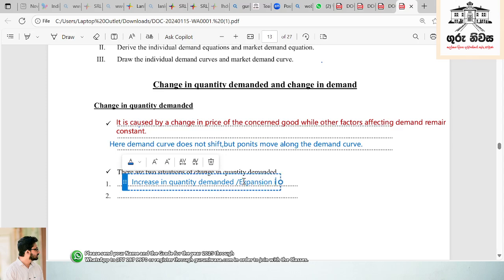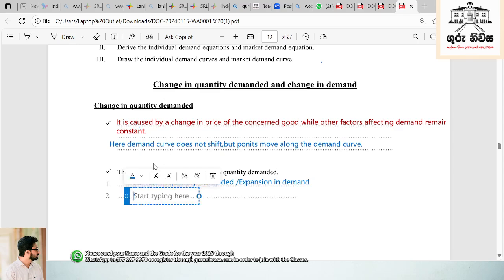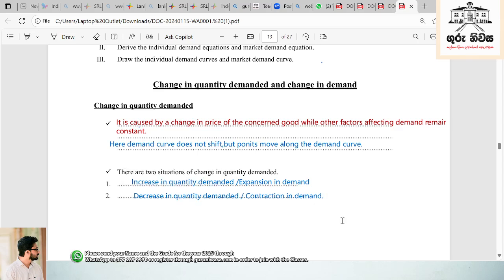Second one, decrease in quantity demanded. This is called contraction in demand. Similar word. Contraction in demand. Okay.